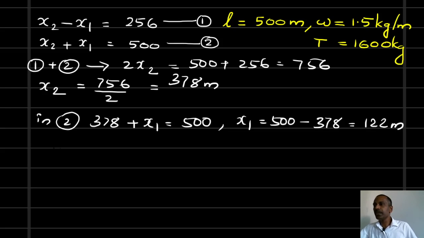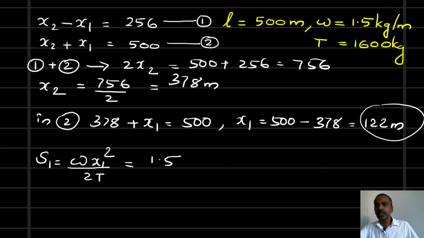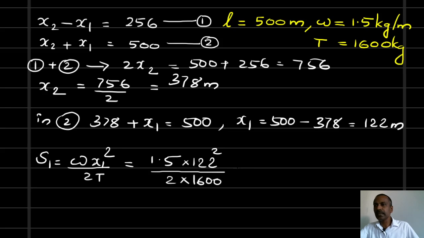Now let's find out the two SAG. S1 is equal to W x1 square by 2t, which is equal to 1.5 into x1, 122 square, divided by 2 into 1600. This is equal to 7 meters.